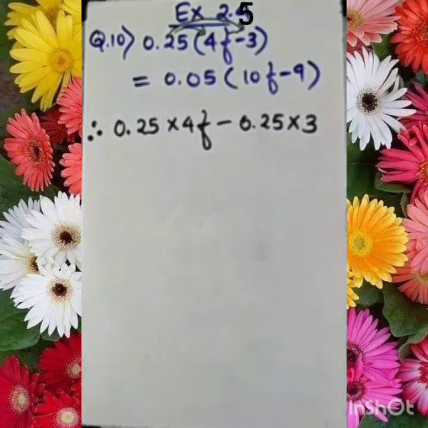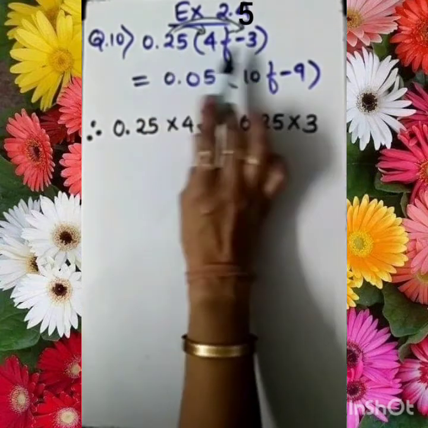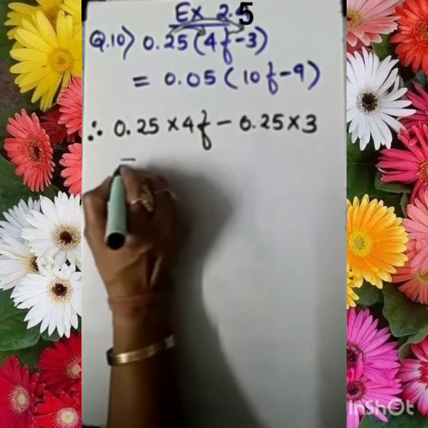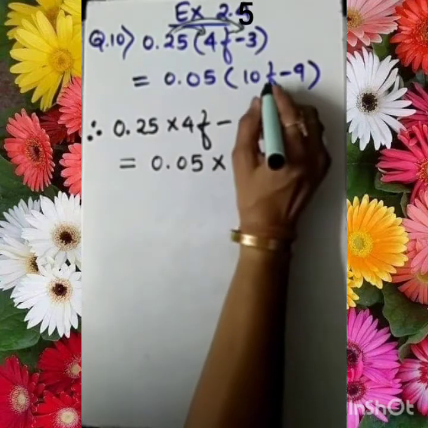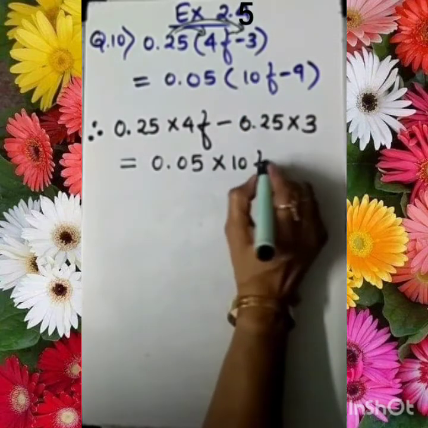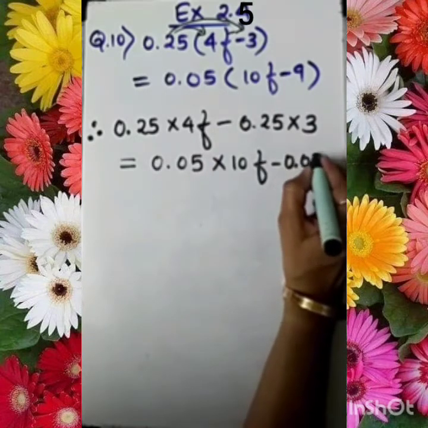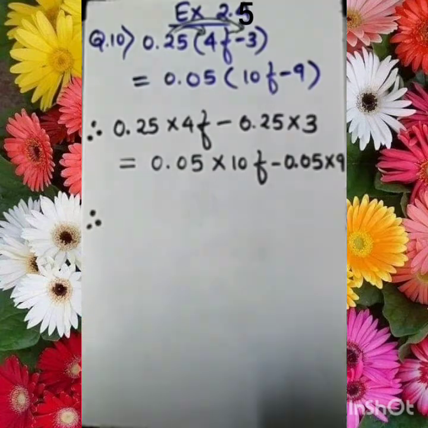Fine, nothing else I have done. Only I am multiplying one by one both of the terms present inside the bracket. Equal to 0.05 into 10f. Agree? Minus 0.05 into 9. Therefore, what we have to do? Let's see.